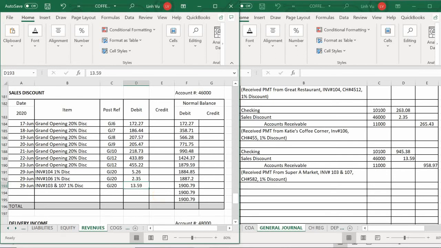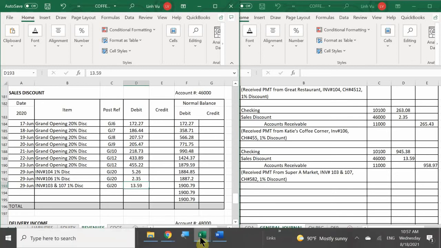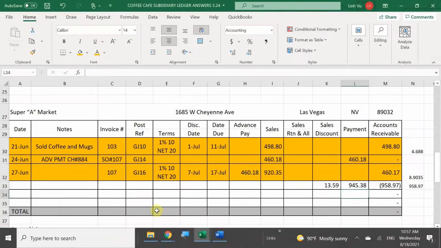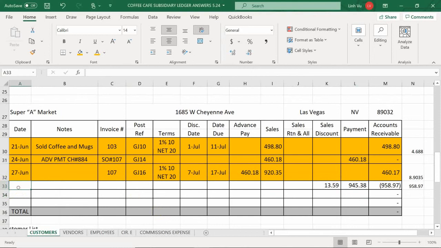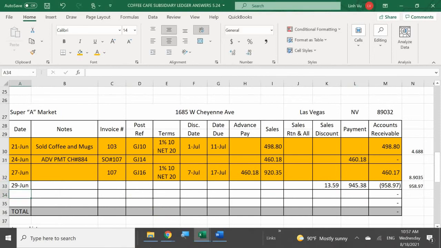And then, of course, last but not least, we need to finish up our subsidiary ledger. Okay. Because now, it's the 29th and we received a payment with a check number 582.